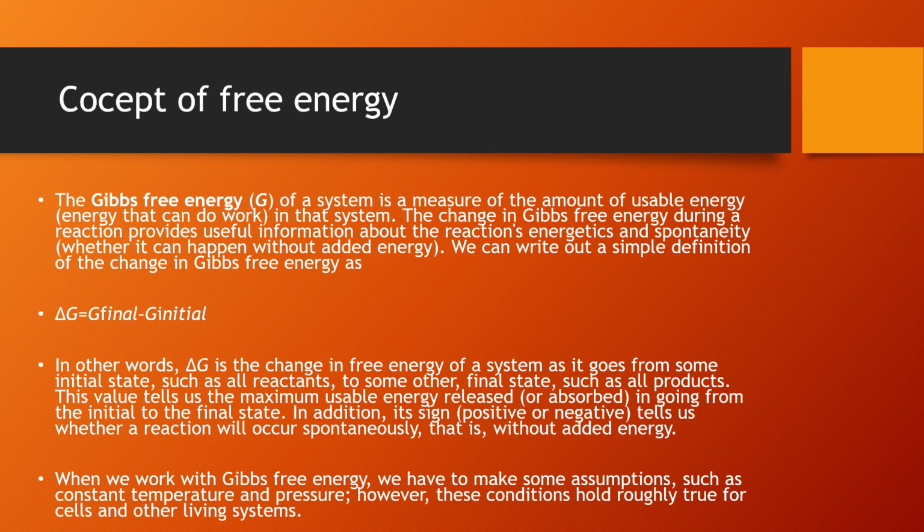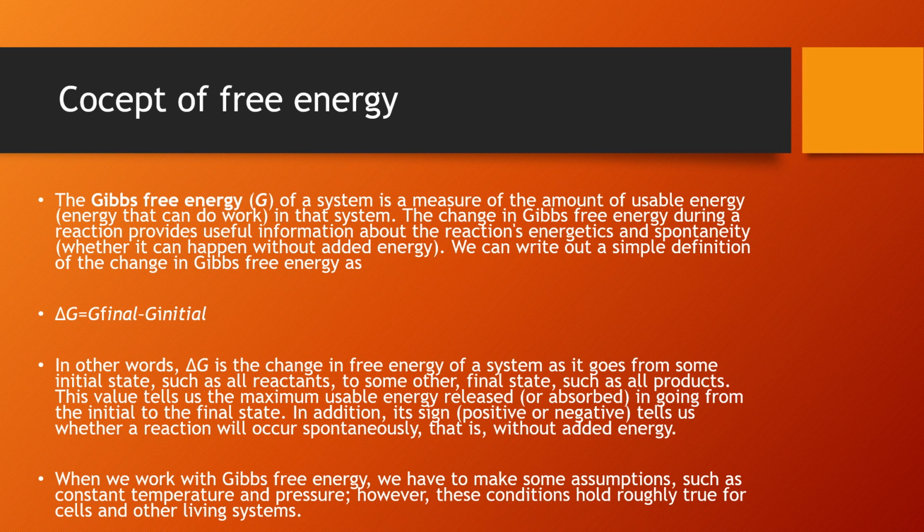So, free energy is the one which can be converted into work. Free energy is the only form of energy which can be converted into work in an isothermal system. And free energy is a state function, and the exact value of this free energy cannot be determined for any system, but if it changes from one state to another state, this can be determined.